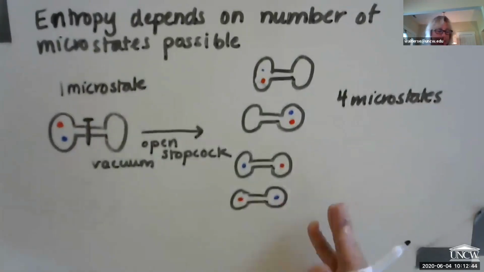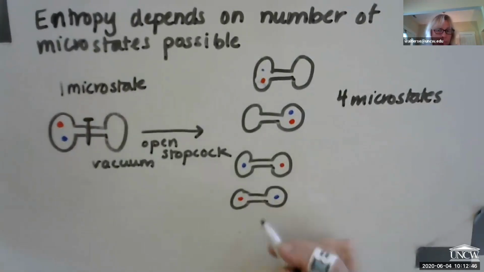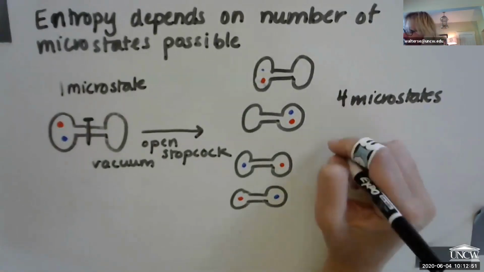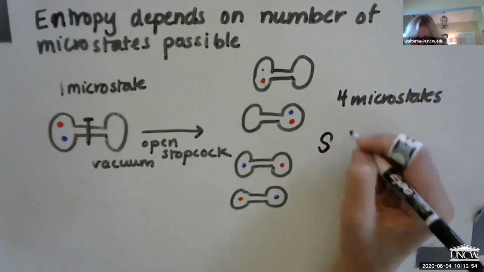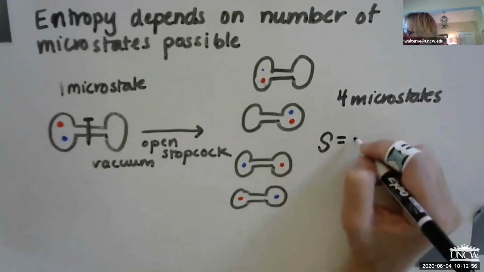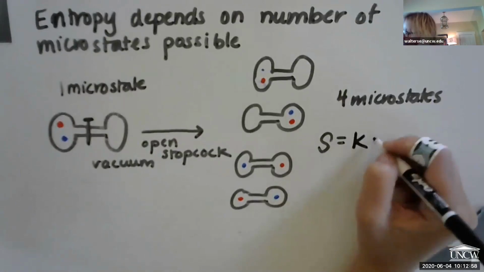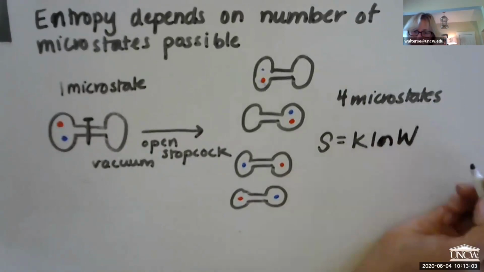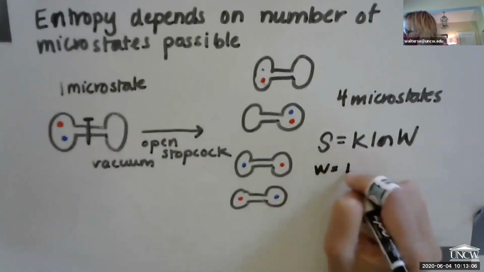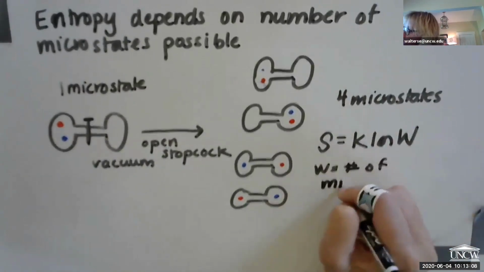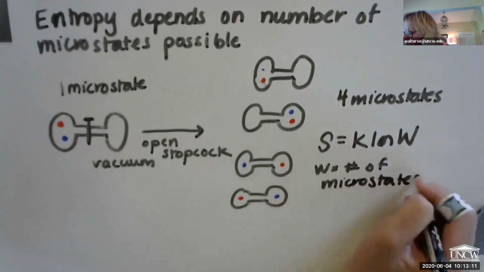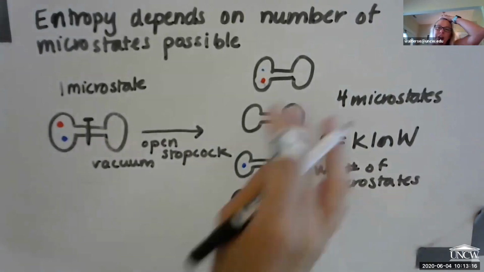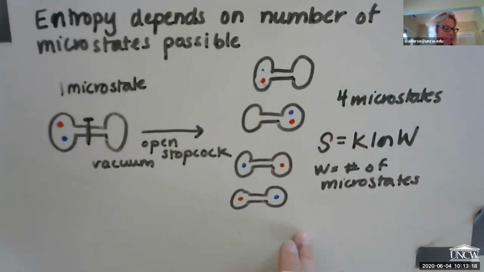The more molecules you have, the more microstates you're going to have. If you had to calculate the entropy, it's equal to the Boltzmann constant times the natural log of the number of microstates. So that takes you into statistical thermodynamics, which we're going to completely avoid. But you have states of matter, and then you have microstates.